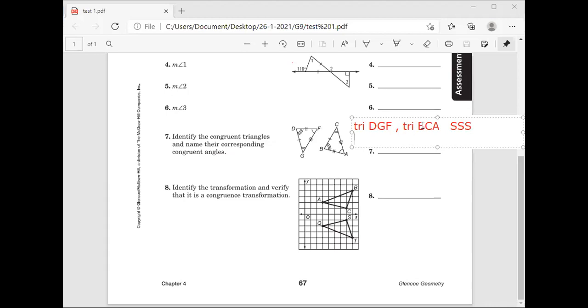Angle D with angle B. Angle G with angle C. And angle F with angle A. Okay.